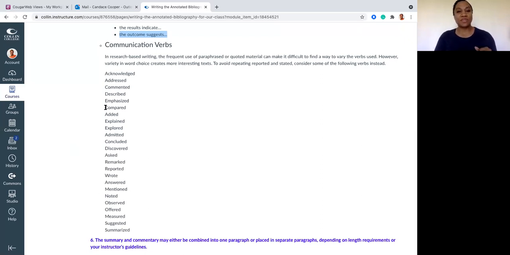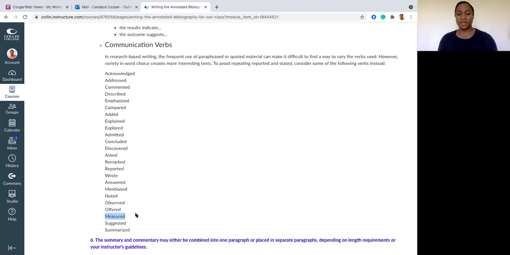So maybe they compared, or maybe they admitted, or maybe they remarked, or maybe they reported, or maybe they mentioned, or maybe they observed or measured, suggested or summarized, right? That's so much more precise than they said. All right. So you only have 5 of these to write. I think you can find a few ways to say said. All right. So you want to use those.